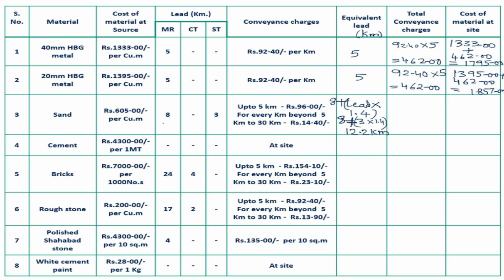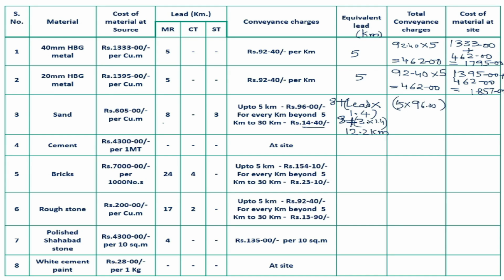Its total conveyance charge is calculated from these two columns of data. So here conveyance charge is given for different kilometers. There are different rates. So up to 5 kilometers, the conveyance charge is 96 rupees. For every kilometer beyond 5 kilometers and up to 30 kilometers, it is 14.40 rupees. Therefore, this equivalent lead is 12.2 kilometers. For up to 5 kilometers, the rate is 96 rupees.